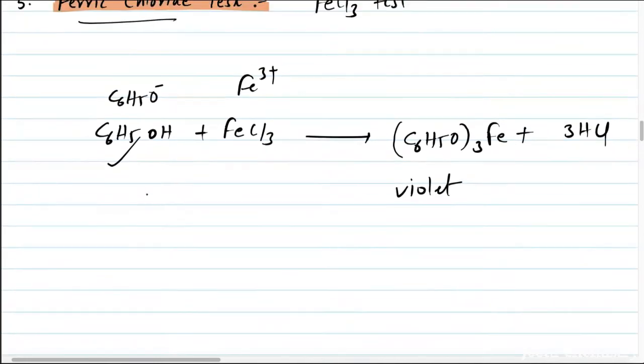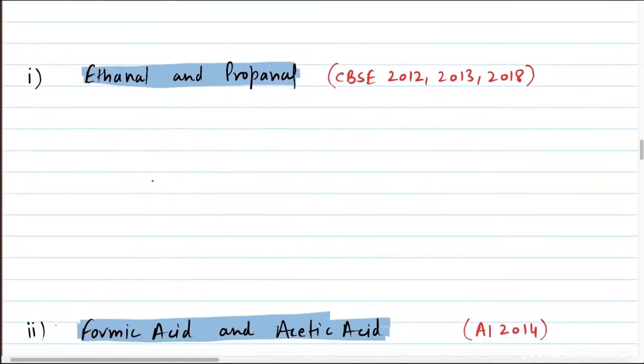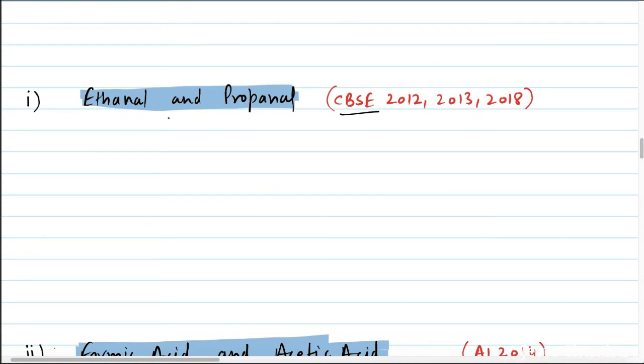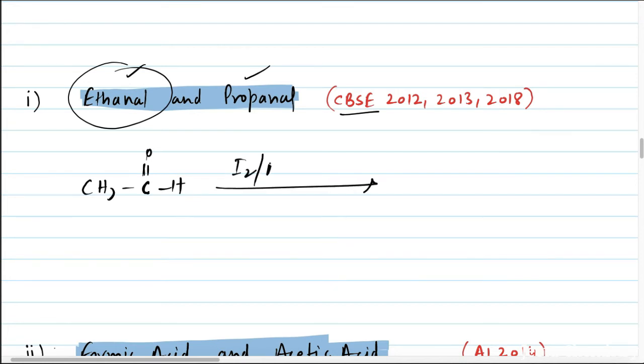Okay, so now we have some very important questions that have been asked in your exam, CBSE 2012, 13, 18. Ethanol and propanol, which test will confirm? Both have CHO. This is not for Tollens, Fehling's. Ethanol is an exception case, as you have seen in iodoform, a single carbon on either side of double bond O. So this confirms your iodoform test, and you can easily write the iodoform test like I2/NaOH.